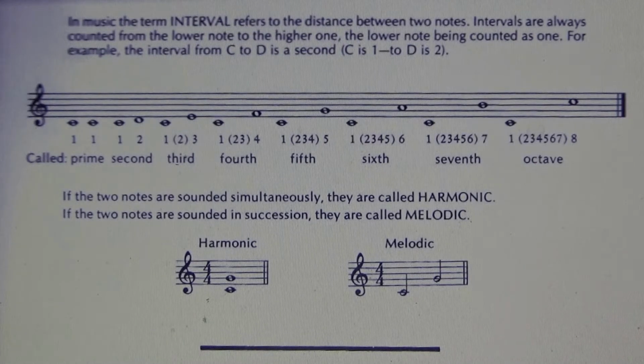What is that one? That's C to C, so that's the prime. What would this one be? My Bonnie. So that's the sixth. And this one? Somewhere. So that's the octave.